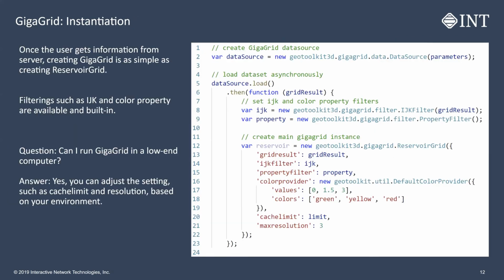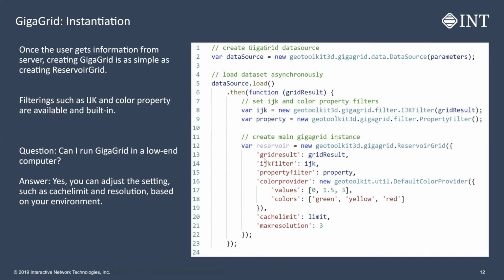So we already have the data from the server. The next thing is instantiation. It's a little bit different from ReservoirGrid because this time we need to get data from the server, so it's an asynchronous process. That means you need to get the data before you instantiate the object.